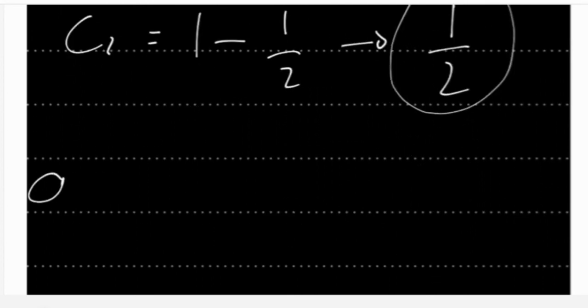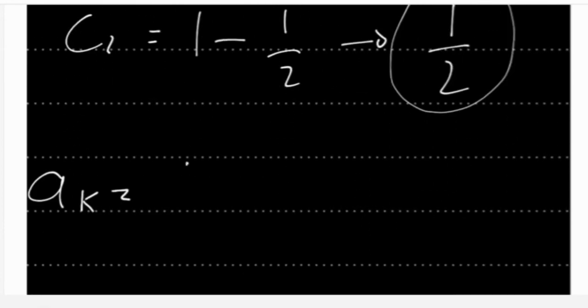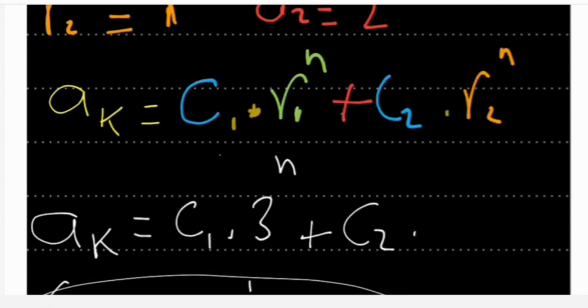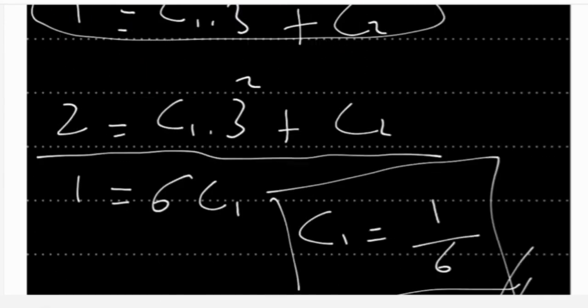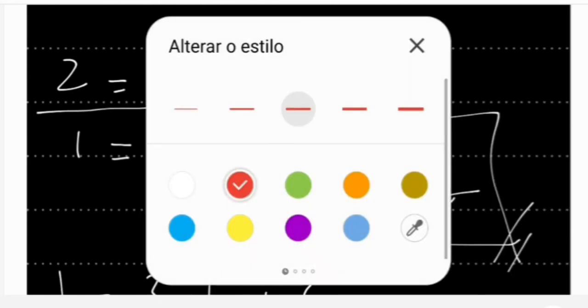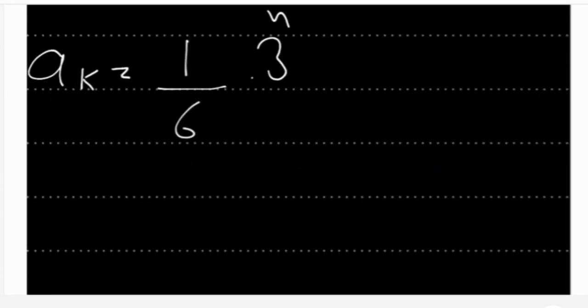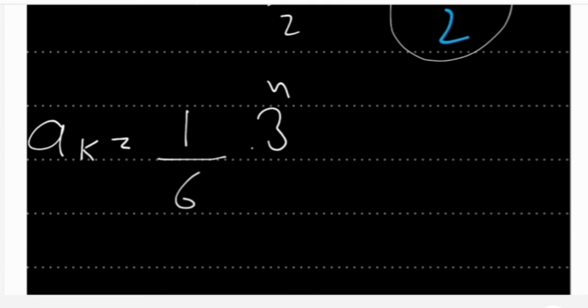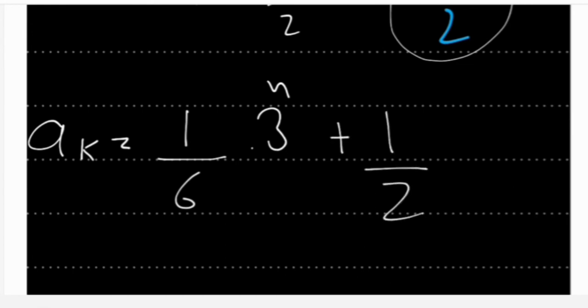Now we can have our AK is equal to C1. Well, C1 was 1 divided by 6 multiplied by 3 to the n power. I'm just putting these values over here. We found C1 and C2. This is C1 and this is C2, so plus 1/2.